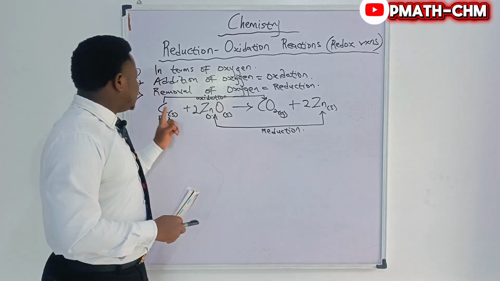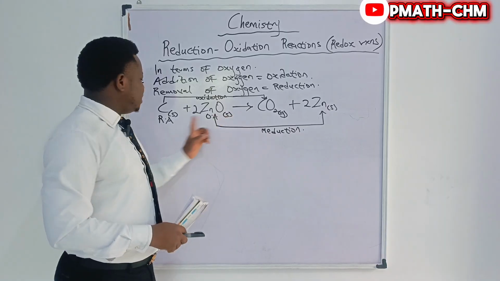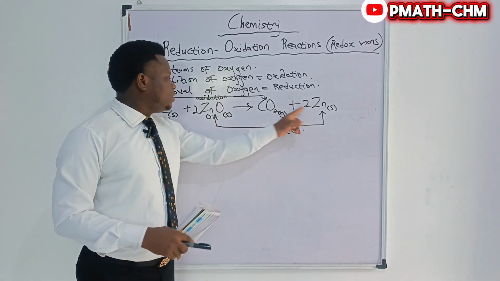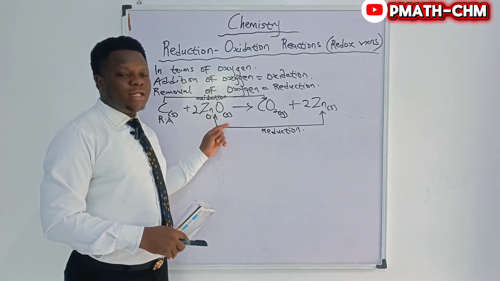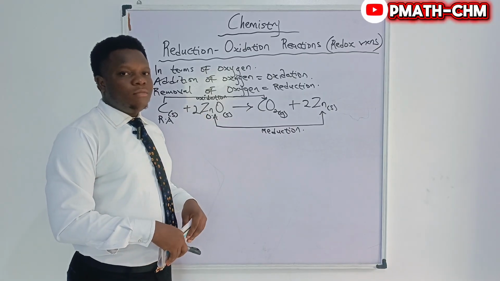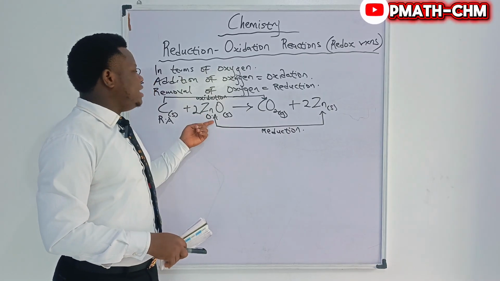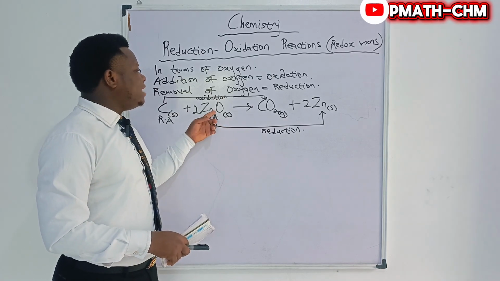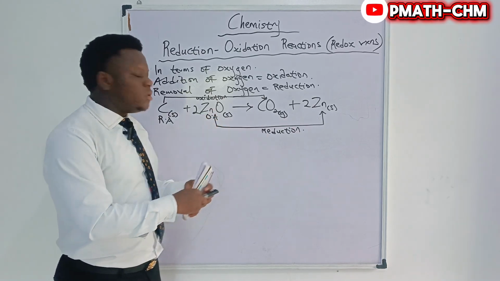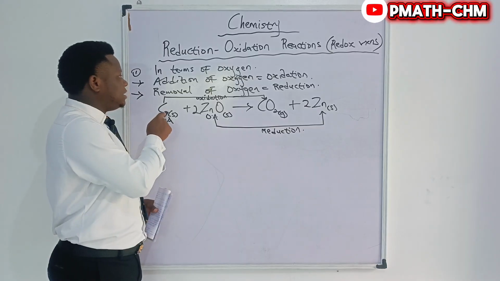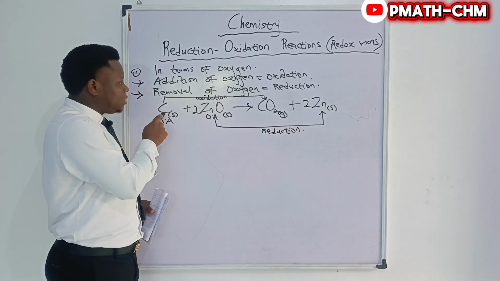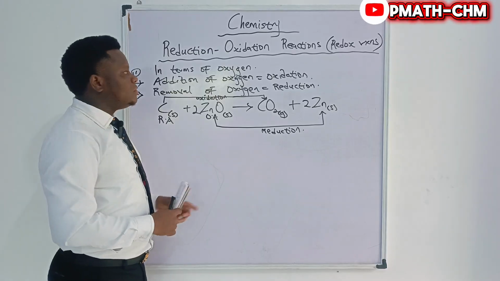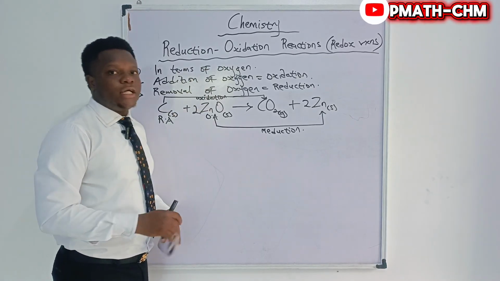I repeat, the substance that is oxidized is your reducing agent, while the substance that is reduced is your oxidizing agent. So we can now define oxidizing agent in terms of oxygen as a substance that donates oxygen, while we define reducing agent in terms of oxygen as a substance that accepts oxygen.